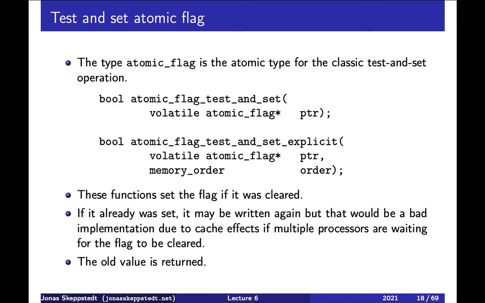Okay, so the atomic flag has two main operations. Firstly, to atomically test and set, and 0 means unoccupied and 1 means occupied.